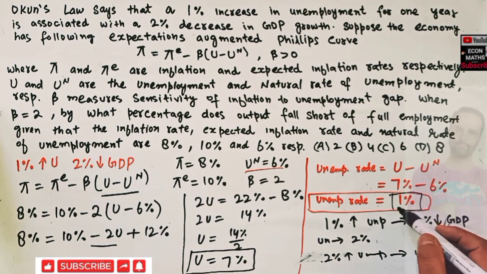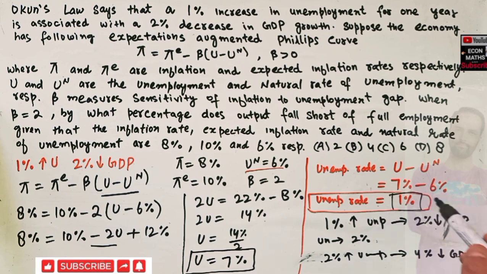But since we got the unemployment rate as 1% only, our GDP will fall short by 2%. So the correct option should be option A.